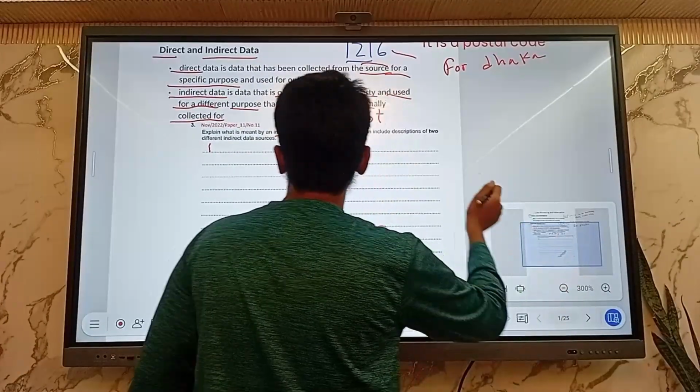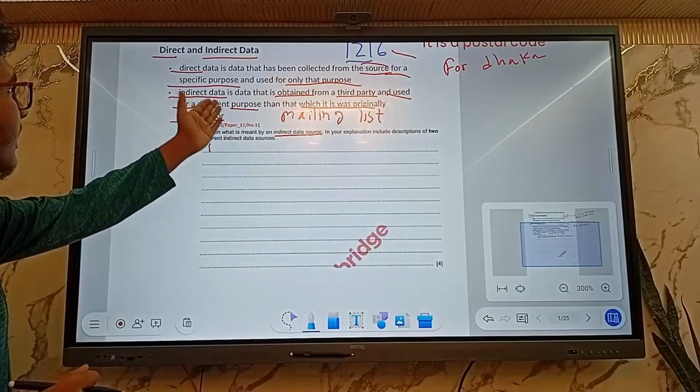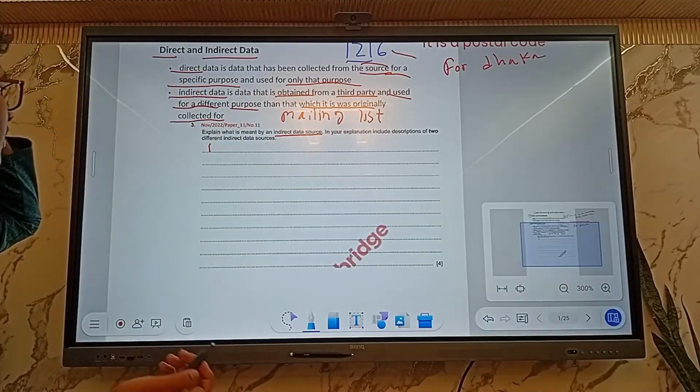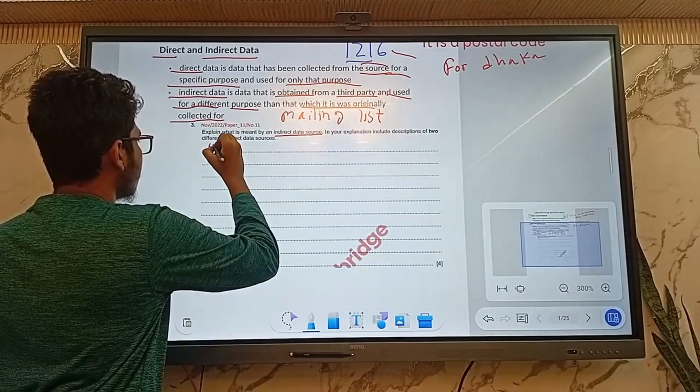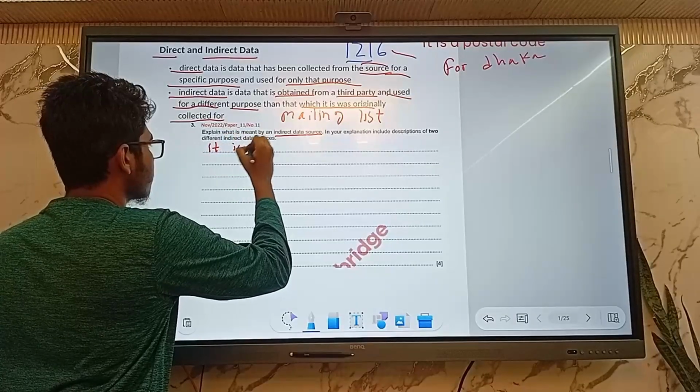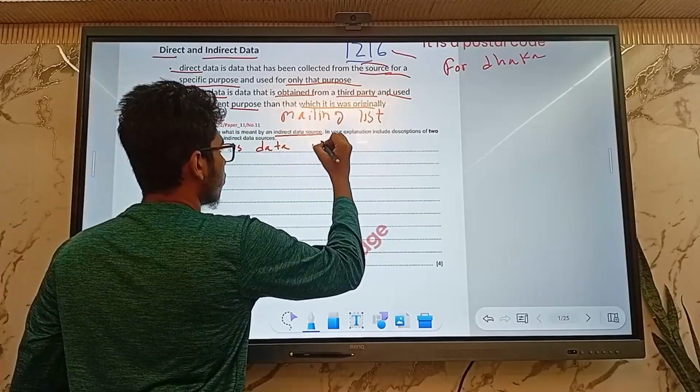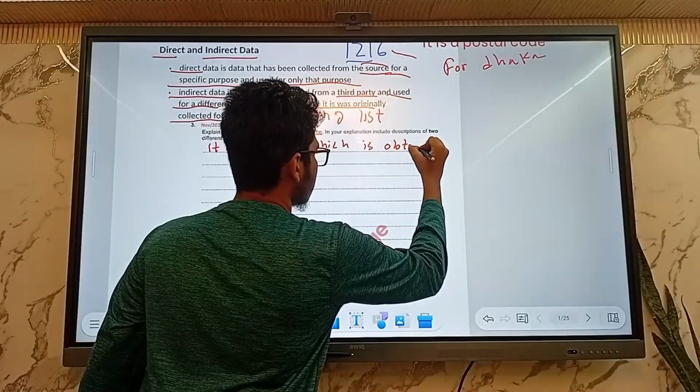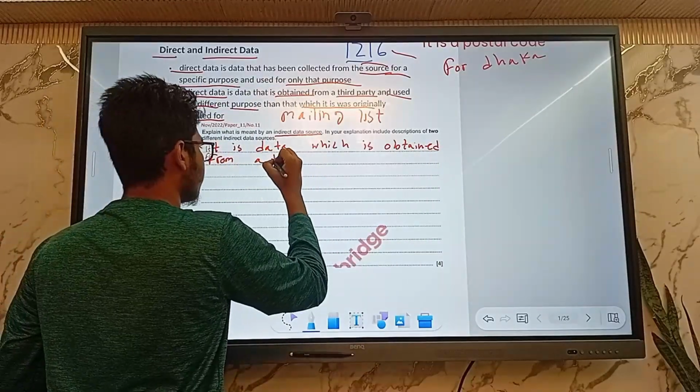If we go back to the definition, we can write exactly this definition.